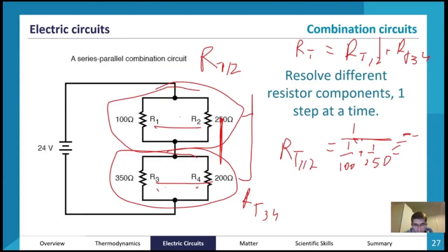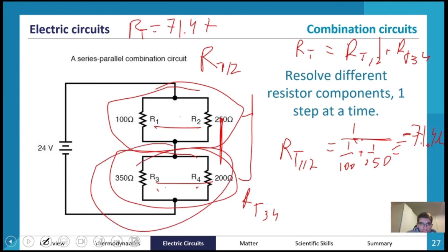Anyways, 71.4 ohms, right? But that is only one. So our total now is 71.4 plus this part here. That one there would be 1 on 350 plus 1 on 200.